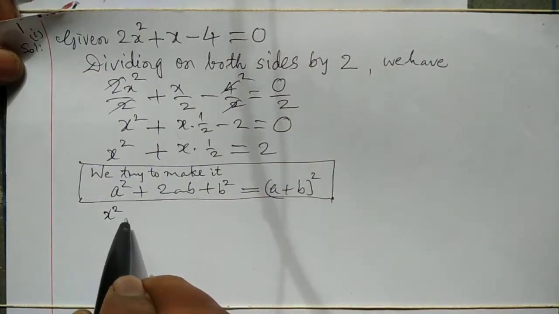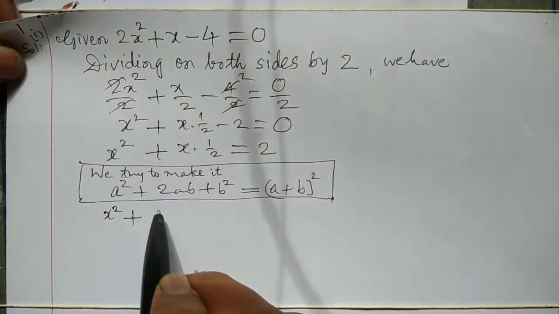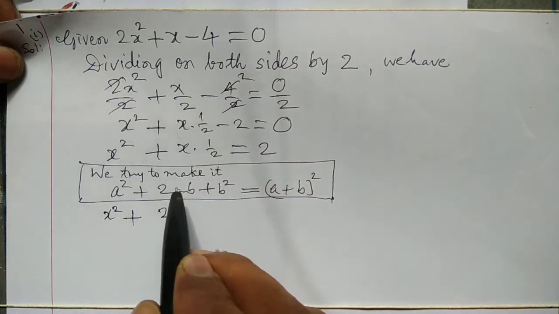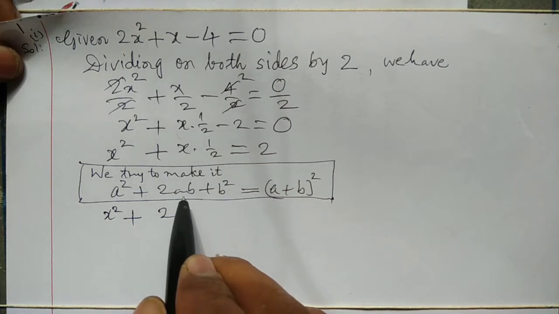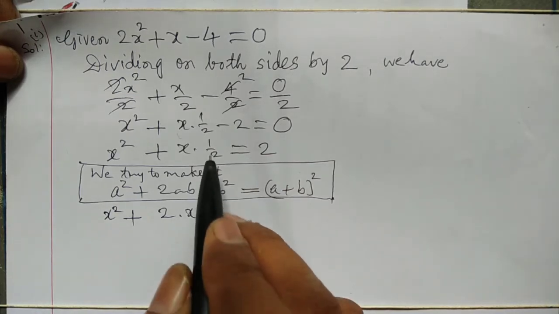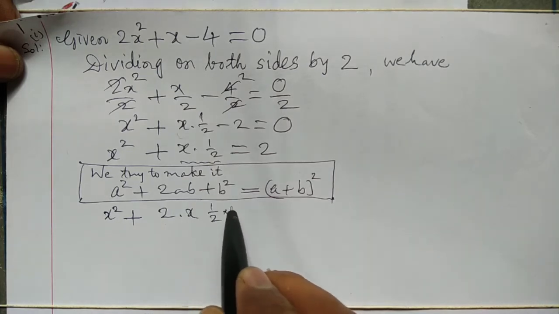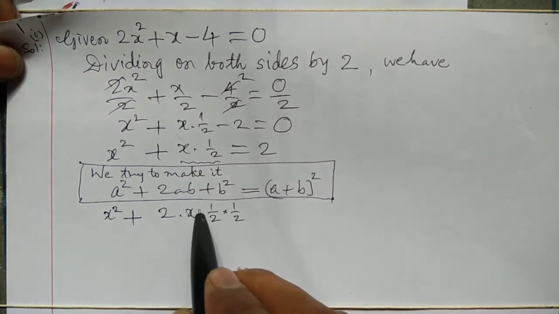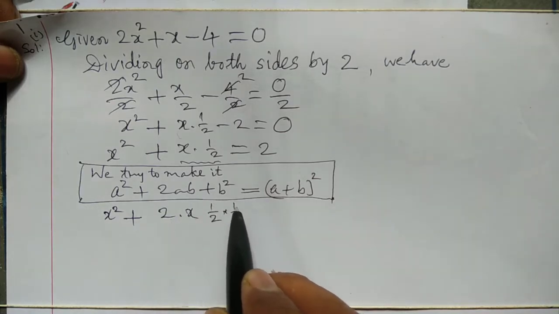First, x² is a², and the middle term should be 2ab. Here we have the coefficient 1/2, which does not satisfy the middle term, so we have to multiply and divide by 2 to keep it balanced.